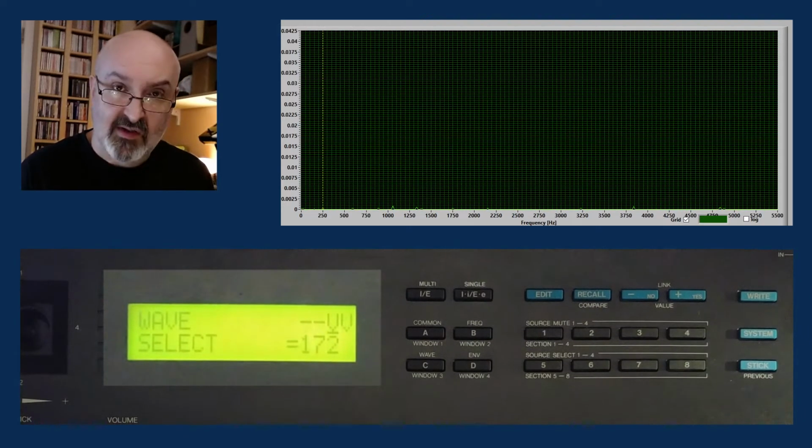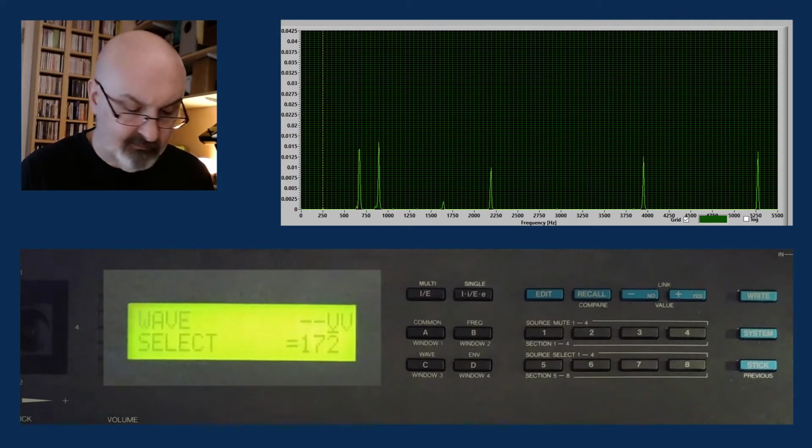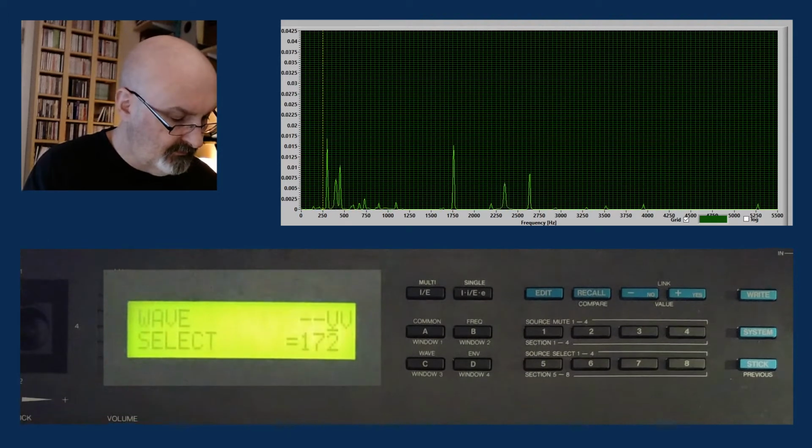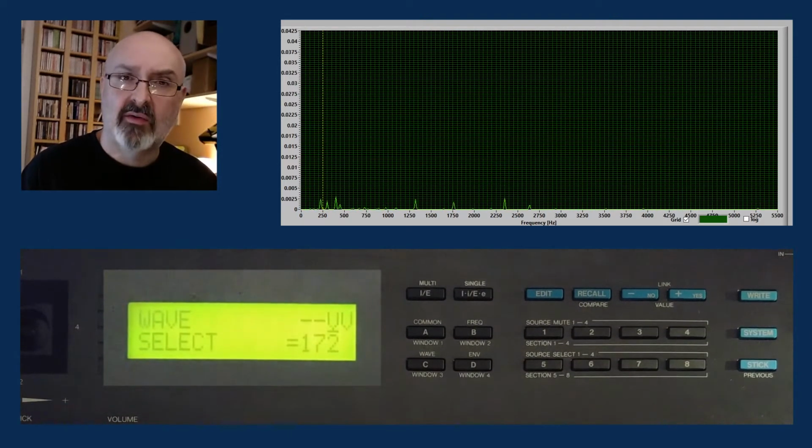Crystalline soundscapes, this is what this is good for. You've got to bear in mind we're only using 2 sources here, so it's already quite rich.